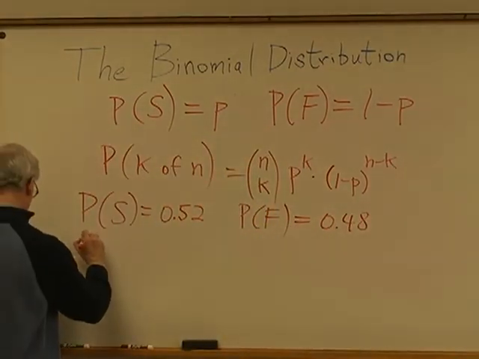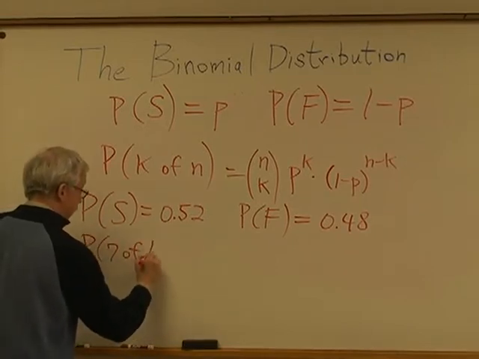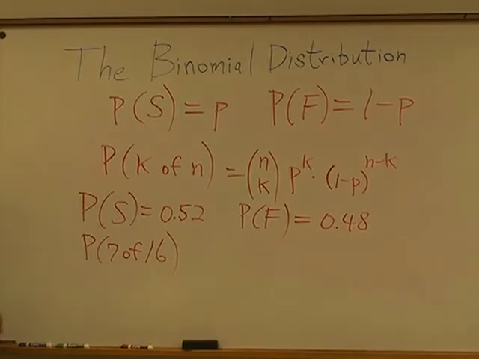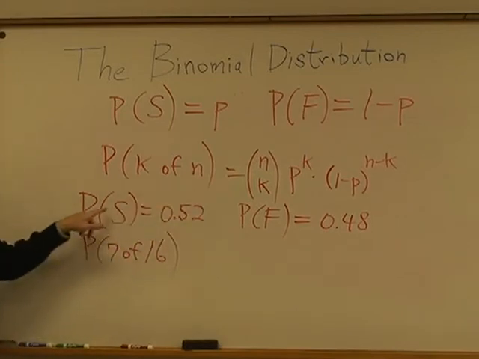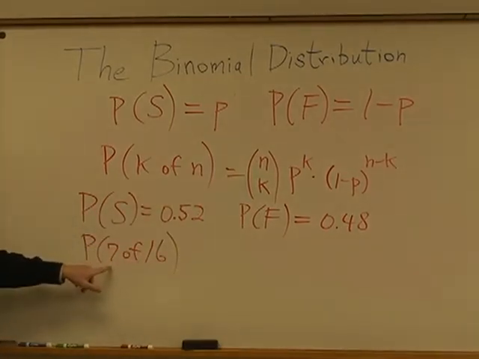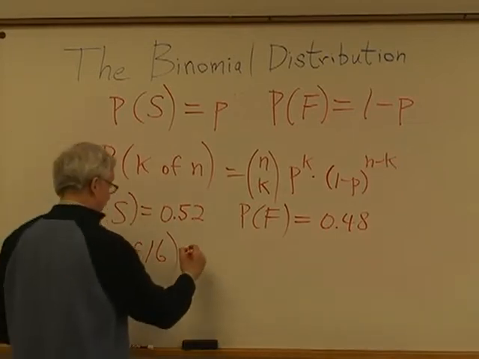Now we can ask for the probability of 7 of 16. That is, if I take a sample of 16 voters, where the probability that they belong to that candidate is 0.52, what's the probability that exactly 7 of them will be a success or vote for that candidate?